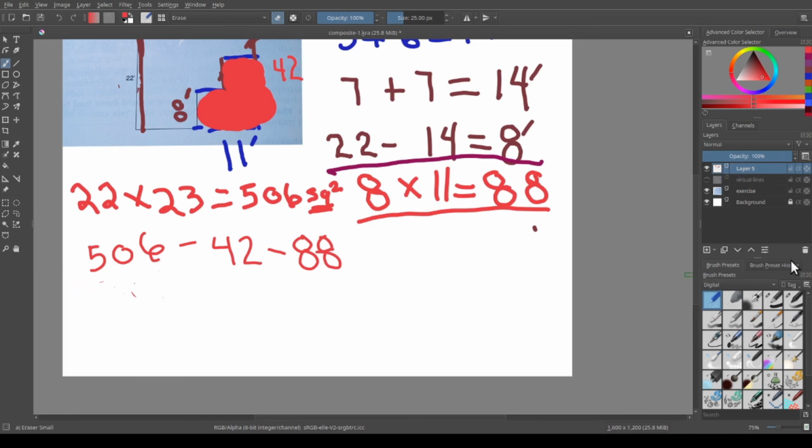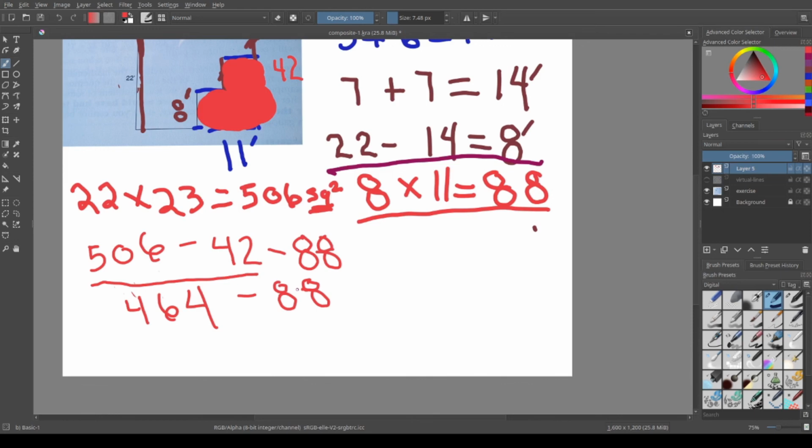So first, I want to subtract 506 minus 42. Do that first, and you should get 464. Then I subtract 88 from that. So I say minus 88.